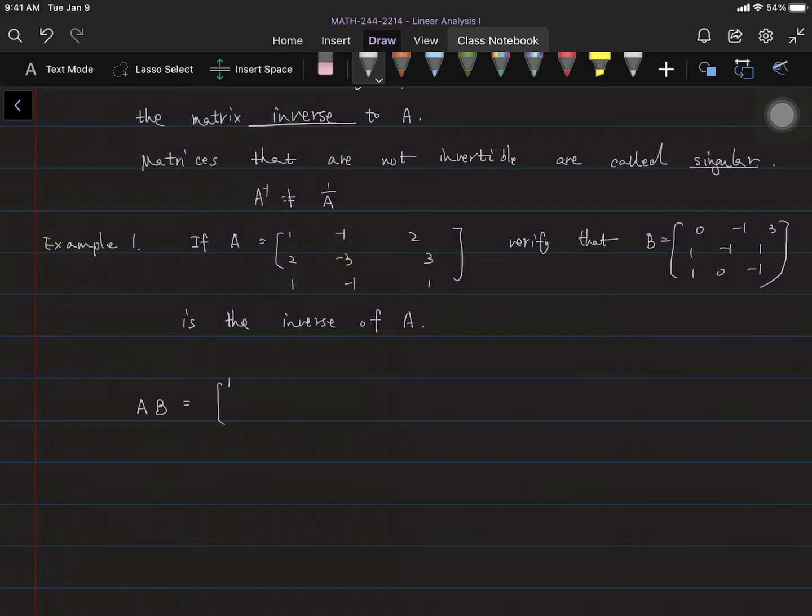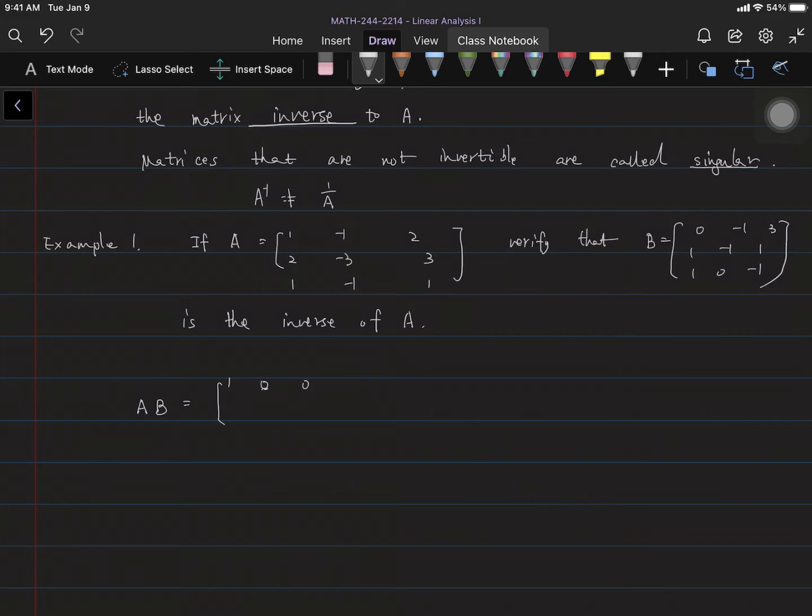And you can check the next number. This should be the first row, second column of A times B. So first row, 1 times 0, and 2 times 0 will be 0. So the second number is going to be 0.